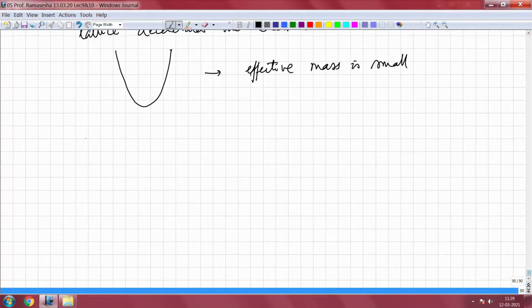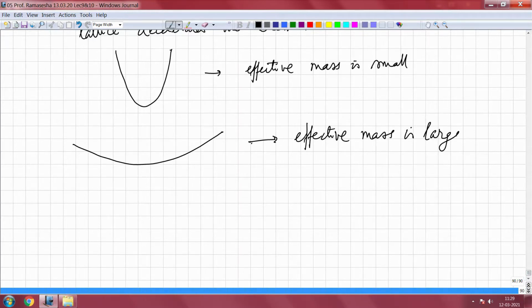On the other hand, if the curvature is small, then the effective mass is large. So, narrow bands have a large average effective mass, but broad bands have a small average effective mass.